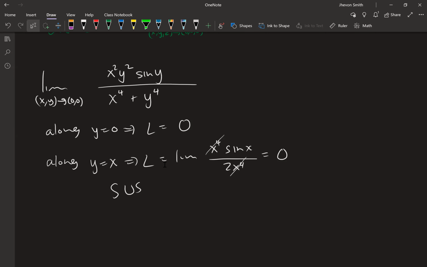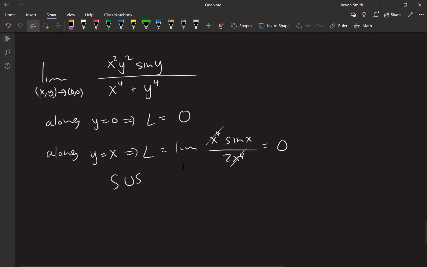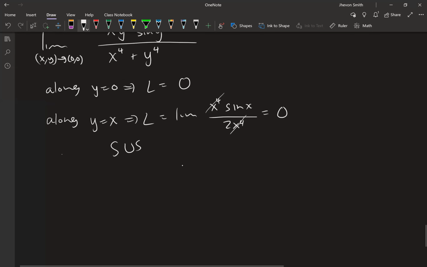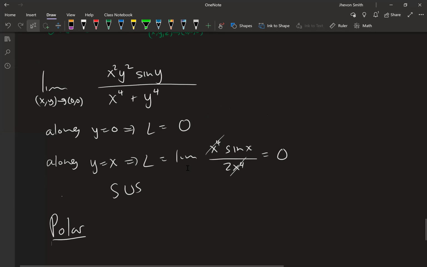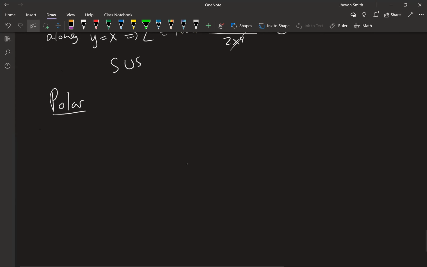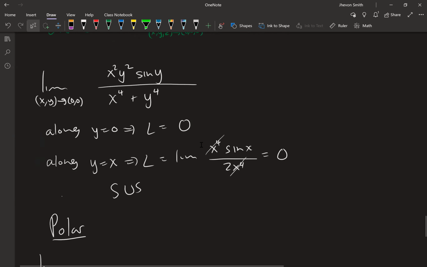I don't think that would help. I think that would still give you 0. Let's do polar. So let's look at this limit and see if this can give us a nice answer.